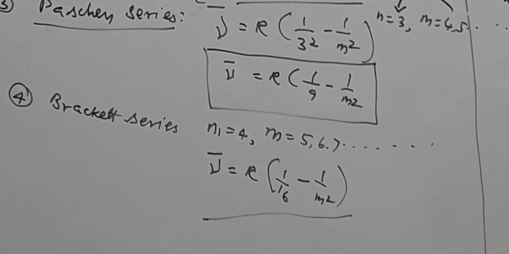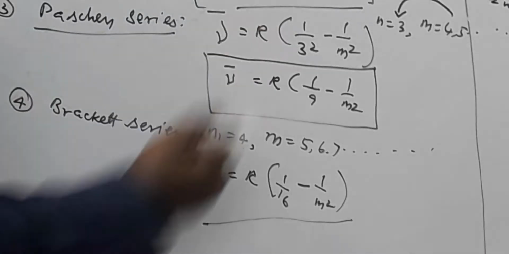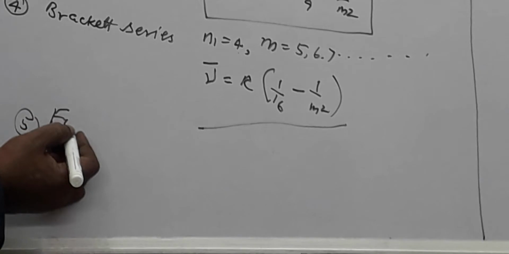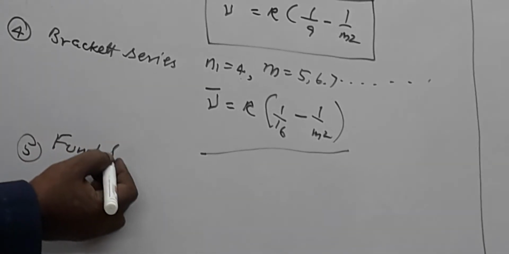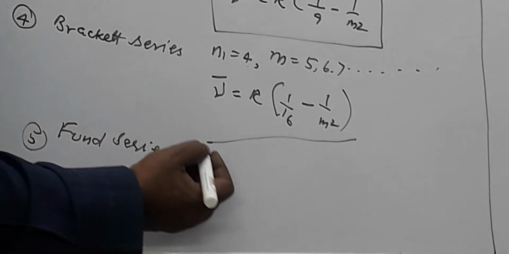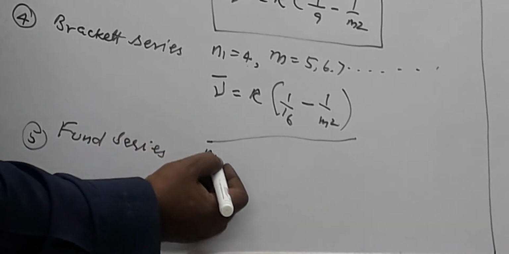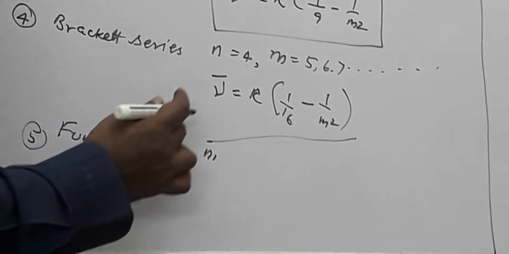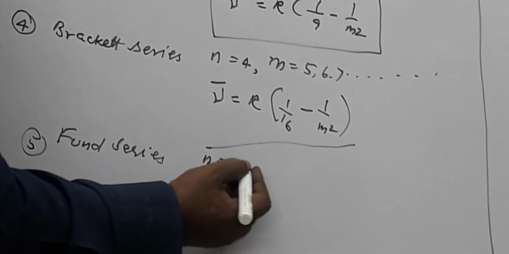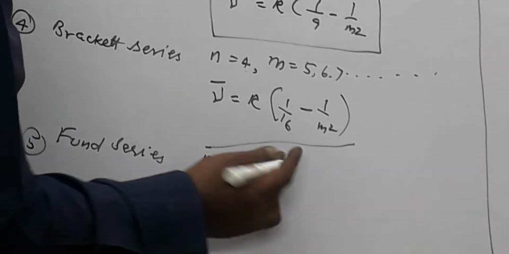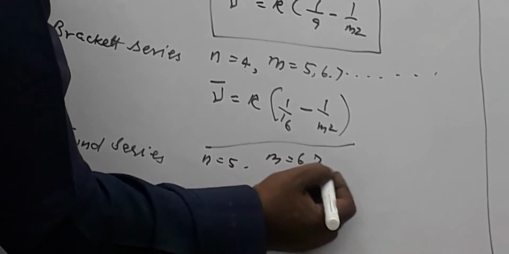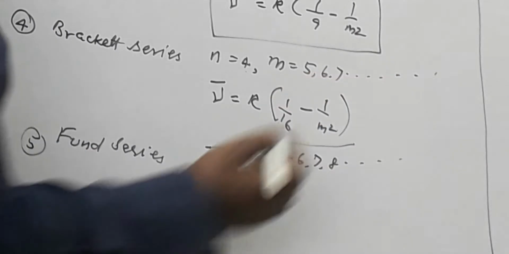And the last one is the Pfund series. For the Pfund series, n equal to 5, m equal to 6, 7, 8, and so on.